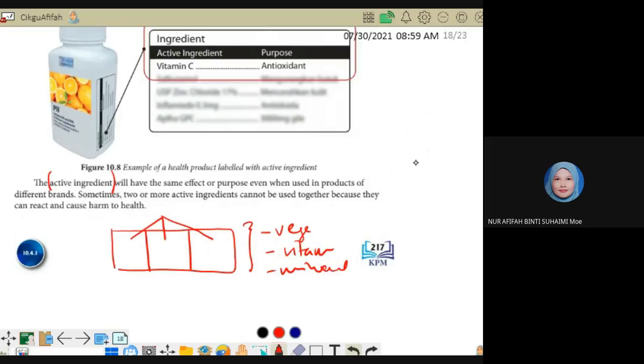Kenapa? Because it may cause harm to your health. Mungkin banyak sangat you akan rasa pening, nak muntah. So depends on your body itself.